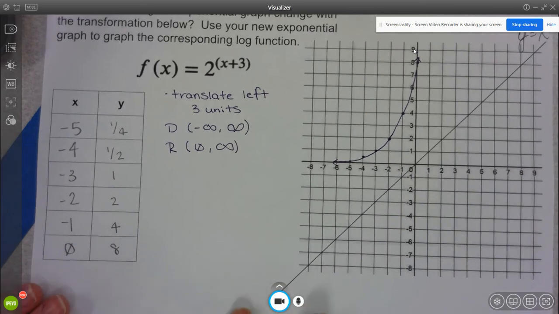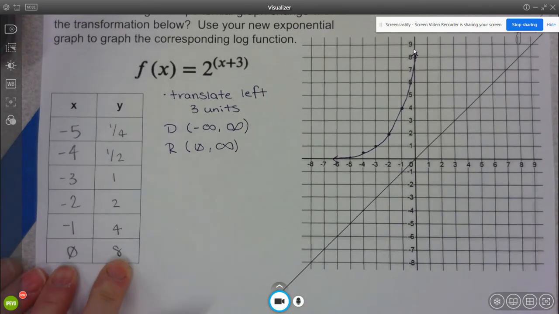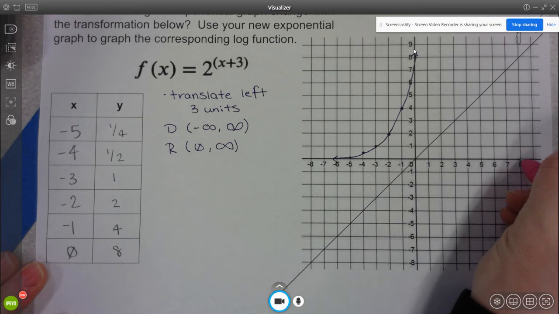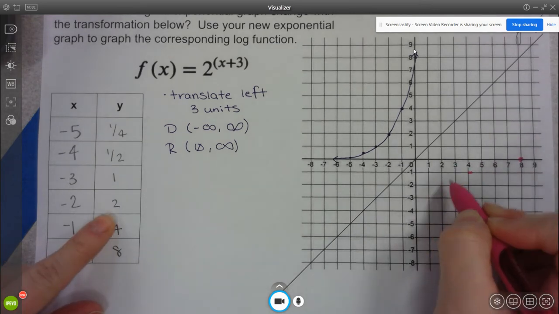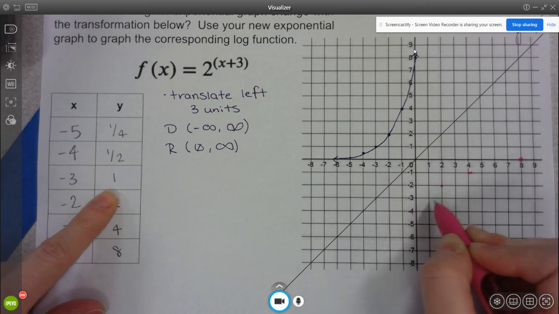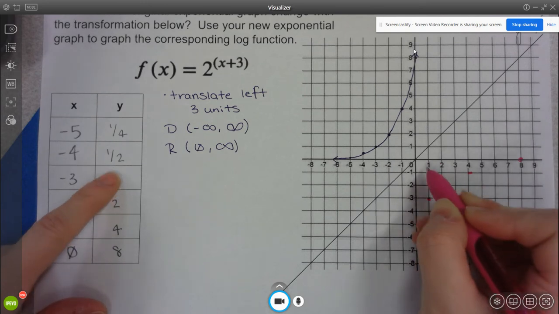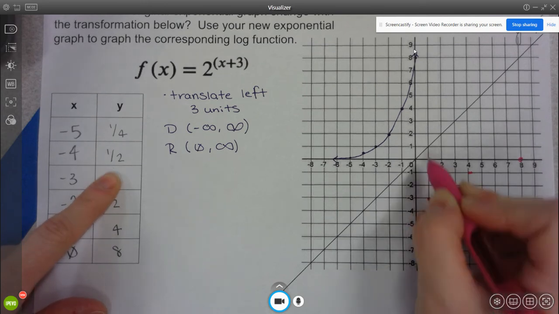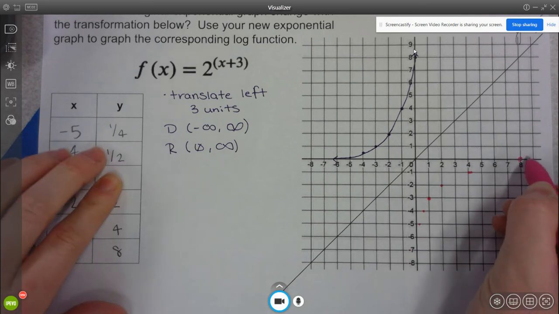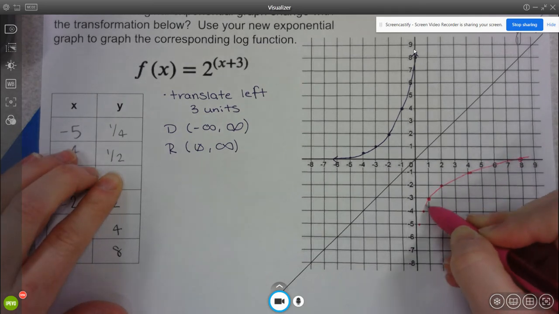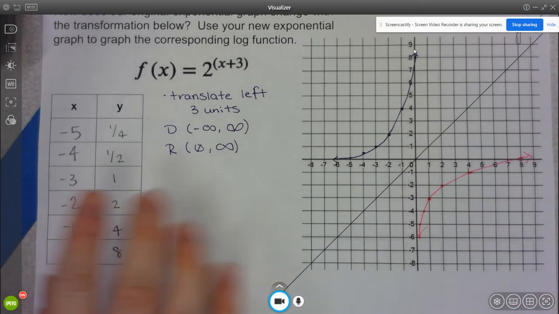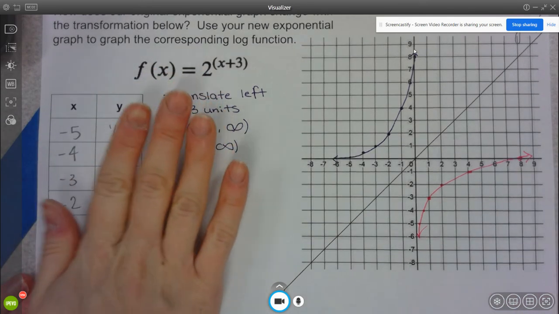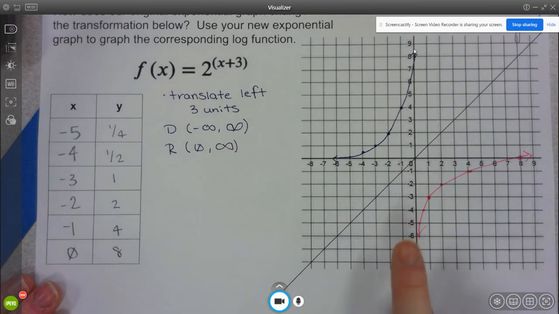When I do my log function, I'm going to switch these. So I'm going to do 8, 0, 4, -1, 2, -2, 1, -3, a half, -4. All right. So based on this transformed exponential function, this is the log function that I get.